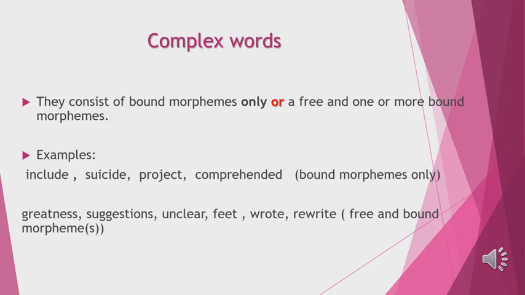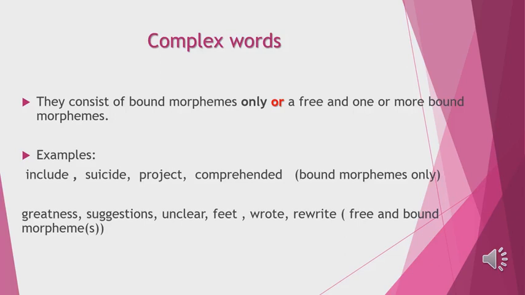Suicide. This word consists of two bound morphemes also, and because it consists of two bound morphemes, it is called a complex word. Project. Pro and ject. Again, it is a word that consists of two bound morphemes, so it is a complex word.